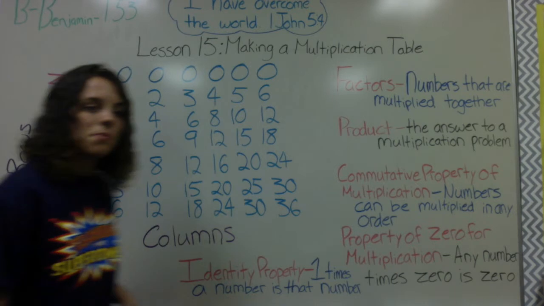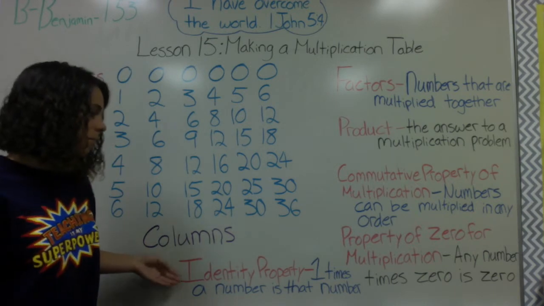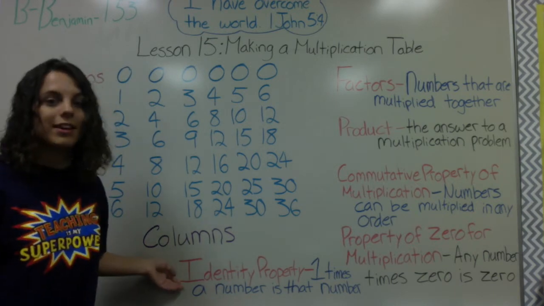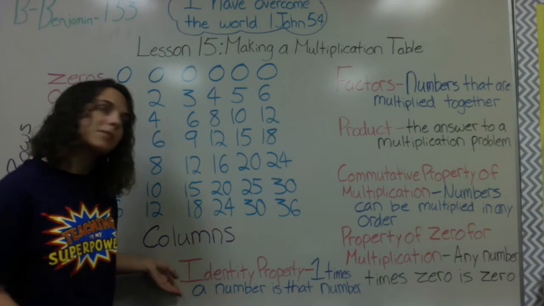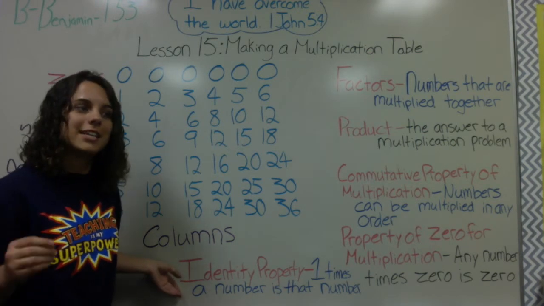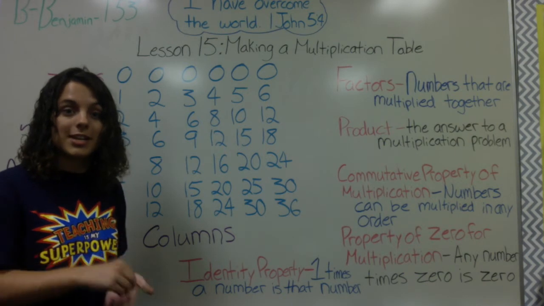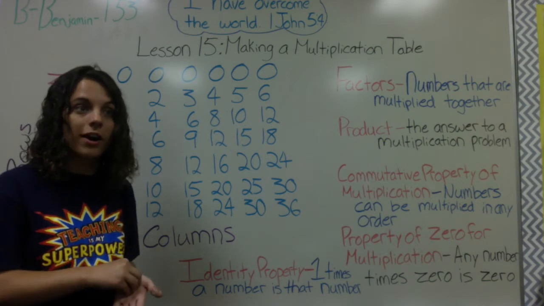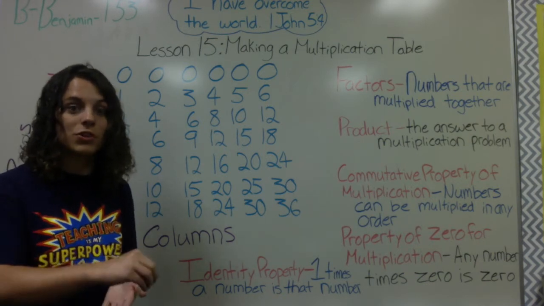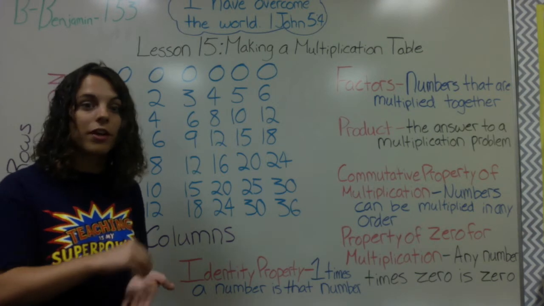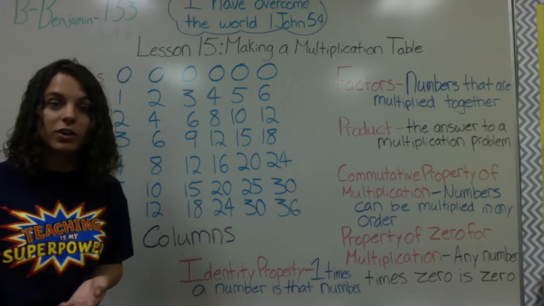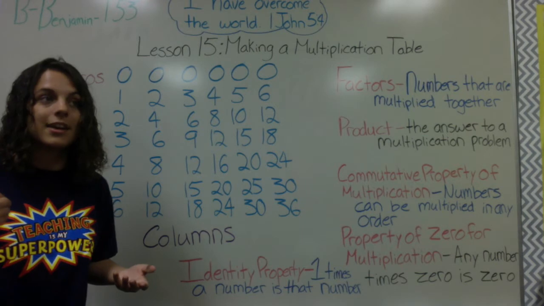And then lastly, we have our identity property of multiplication. Now this one's actually one of my favorites, because if you think of it, when you know your identity, such as when you know your identity in Christ and you know who you are, you're usually a very honorable person. You love to honor people, you love to respect people, and you want to put them first. You don't need to be in the spotlight.